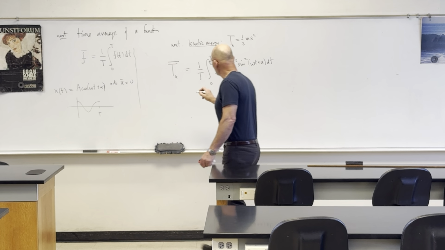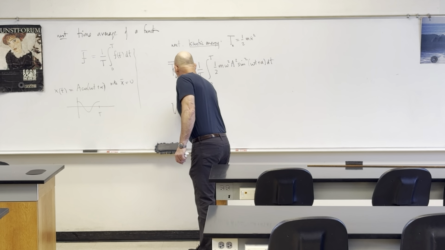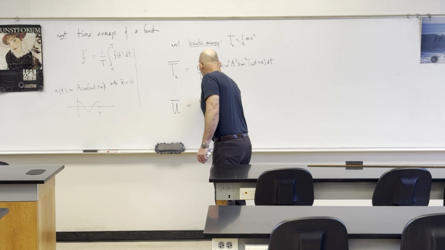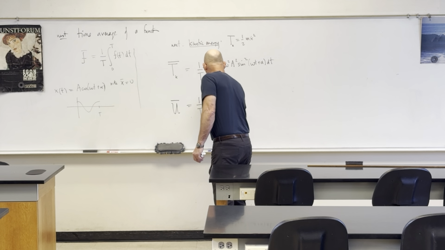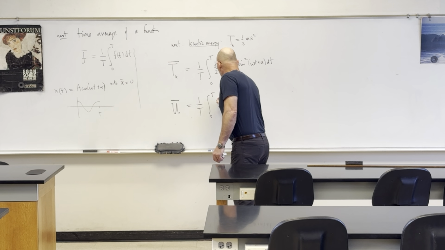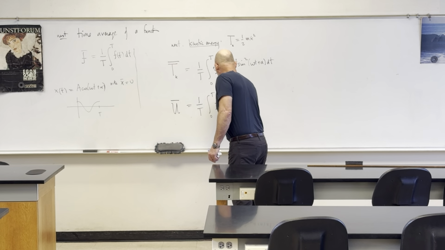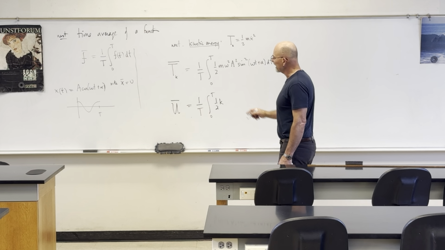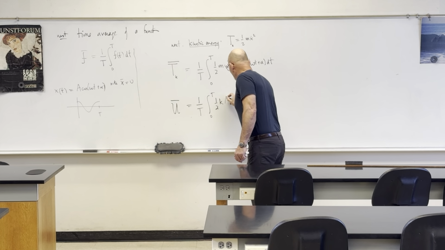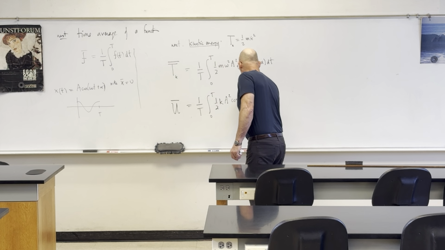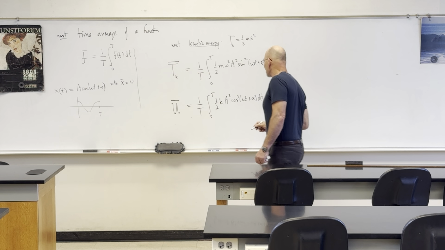And the time average of the potential energy is also going to be 1 over T, integral from 0 to T, of 1/2 k, and then again the x squared from over there, A squared cosine squared of omega t plus alpha, dt.